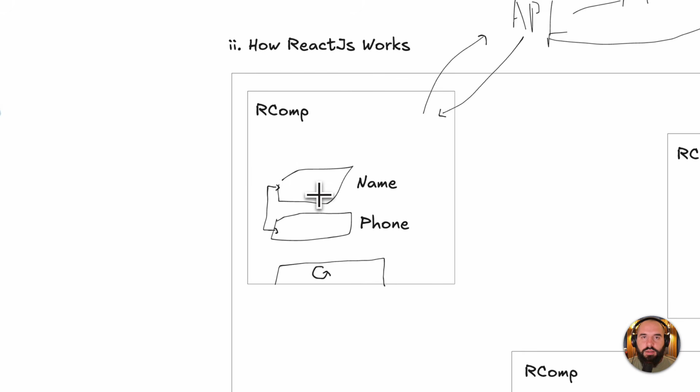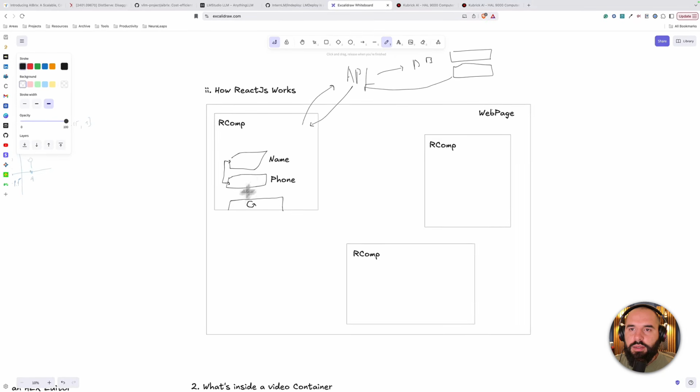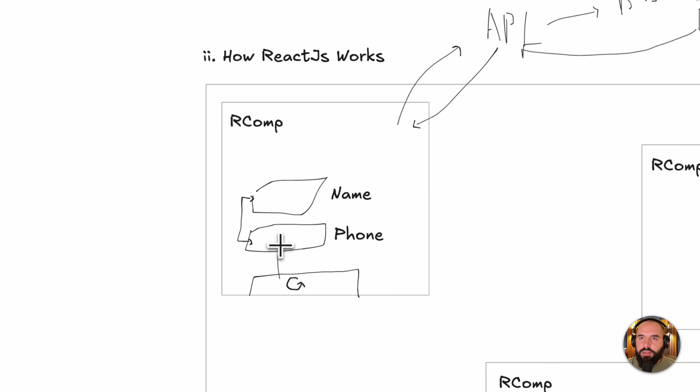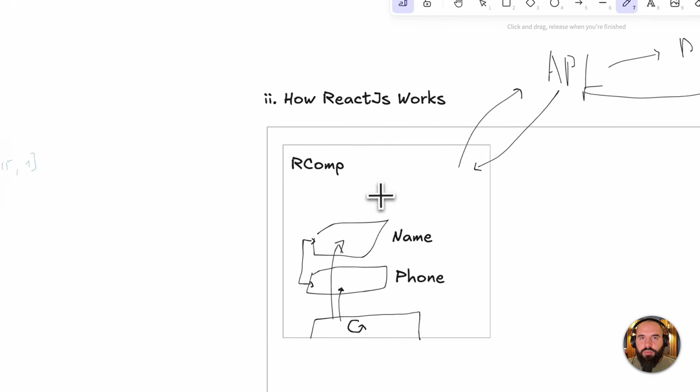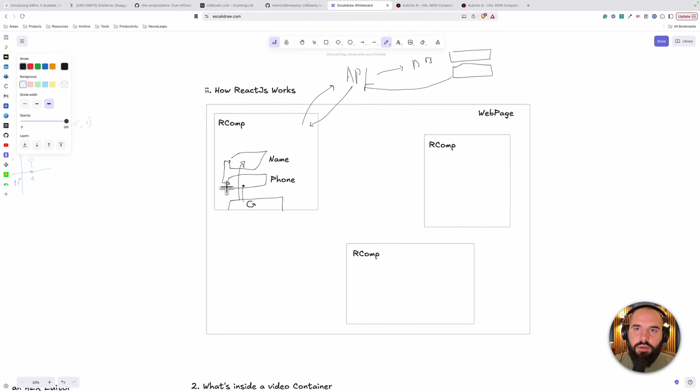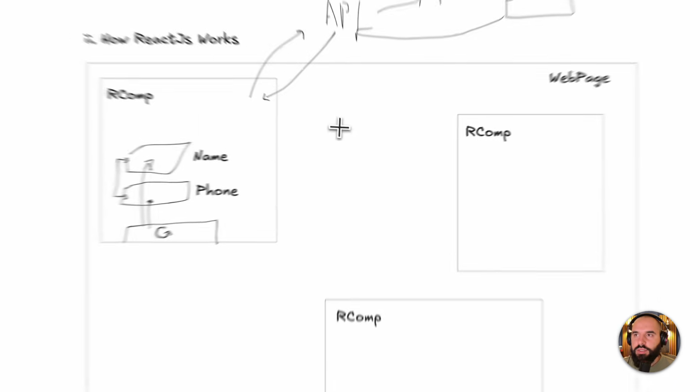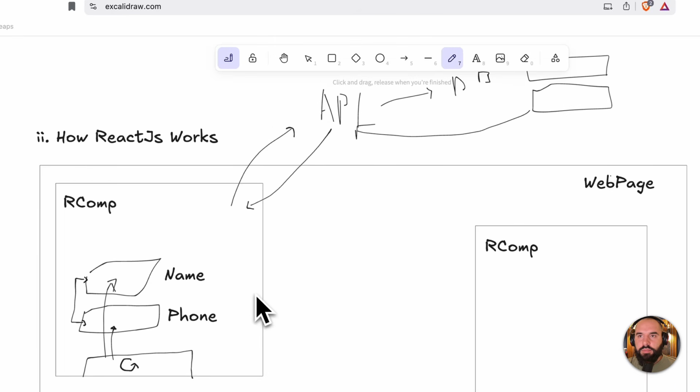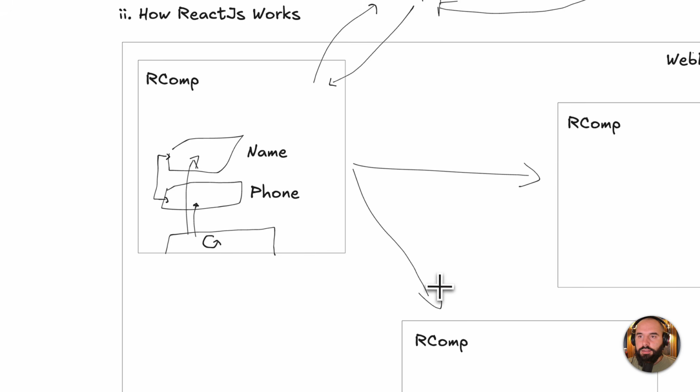This could be two simple HTML forms, and whenever we get the data we could just populate it in here as such. And then this component will be updated from its old state, where these two fields were empty, to its new state. Now that happens while these other two components stay as they are.